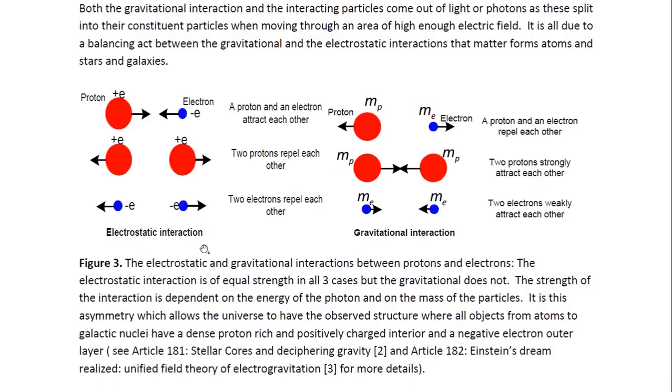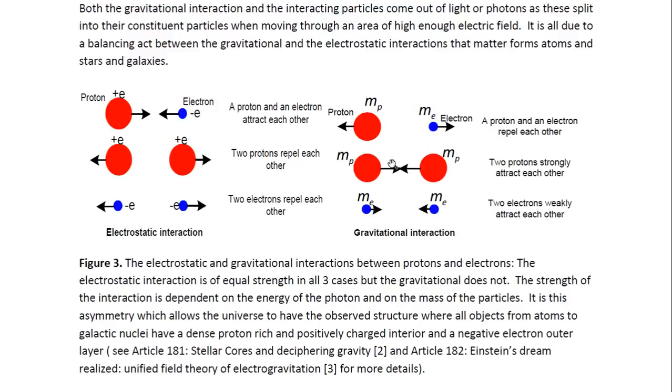So the electrostatic interaction causes protons and electrons to attract. It causes two protons to repel and two electrons to repel. And the strength of the interaction is the same in all cases. It's also described by a property called charge that protons and electrons have. And the proton is assigned a charge of plus e, and the electron is assigned a charge of minus e.